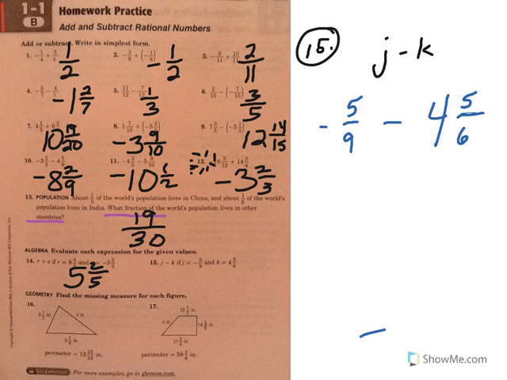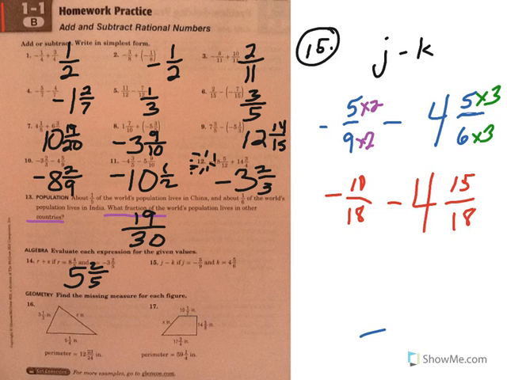We need a common denominator here, so let's go ahead and do 18, times 3 and times 2. It's 10/18ths. And this is going to be 15/18ths.